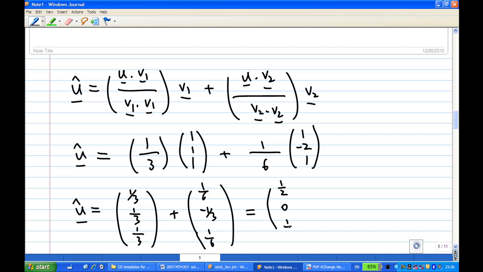Half. So U cap is (1/2, 0, 1/2). This is in the span of V1 and V2, as a combination of V1 and V2.